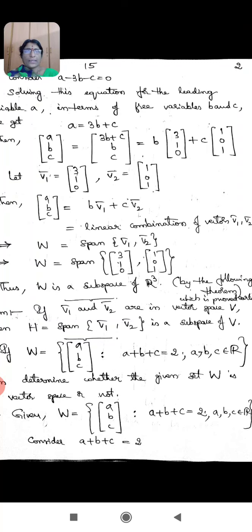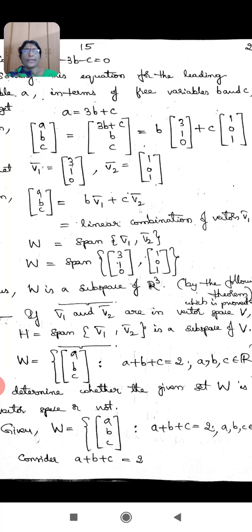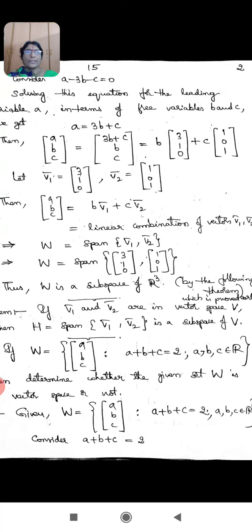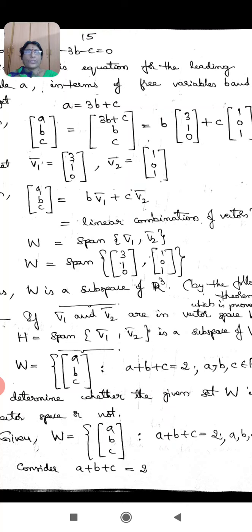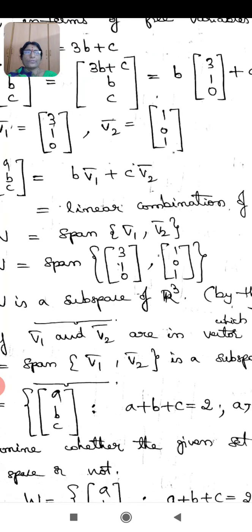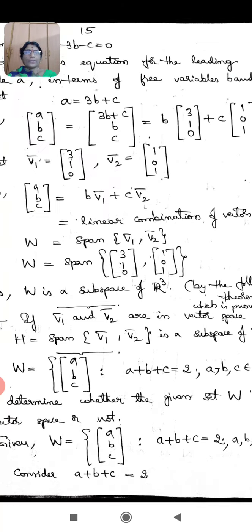As (a, b, c) is an arbitrary element of W, any element of W is a linear combination of vectors v1 and v2, and that is how W is equal to the span of v1 bar, v2 bar. That can also be written as W is equal to the span of the set consisting of the two vectors (3, 1, 0), (1, 0, 1).